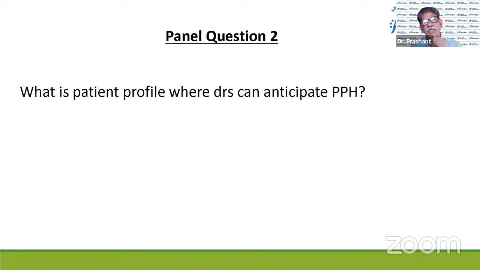Any specific patient profile where doctors can anticipate a PPH? Yes, there are certain risk factors where we have to be very alert that this patient may land up in PPH. When there is a big size uterus, like in multiple pregnancies, polyhydramnios, macrosomia, diabetic mothers, or any episode of APH.